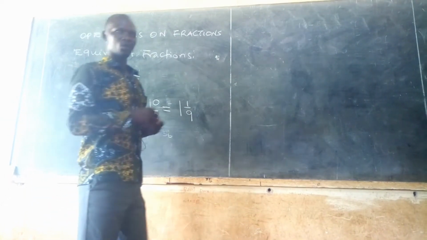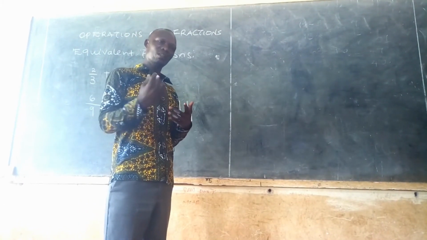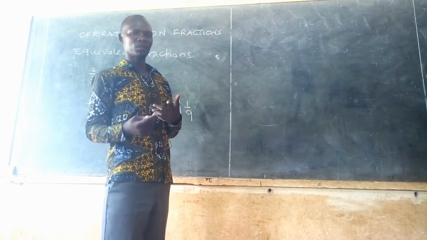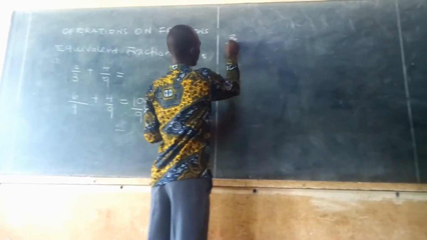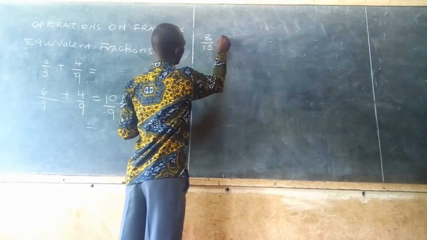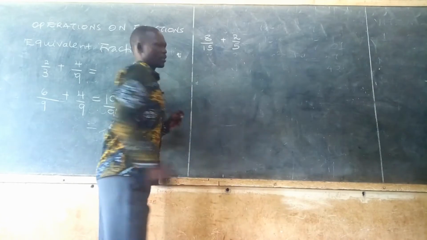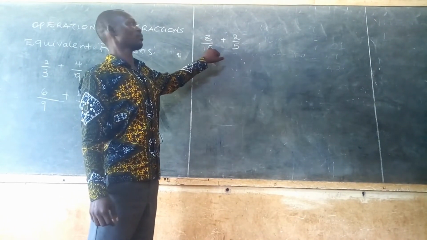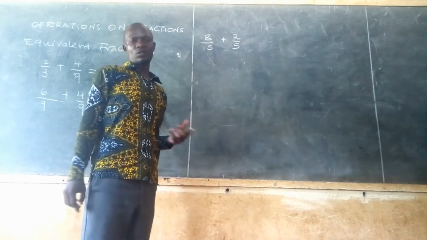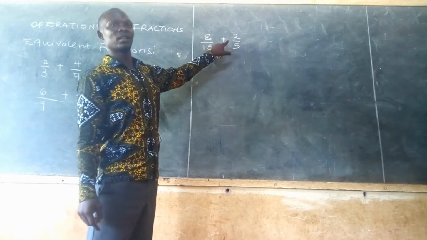Let me give you example 2. You use it anytime you discover that one denominator is actually a multiple of the other. Maybe you are given 8 over 15 plus 2 over 5. When I look at this, I discover that 15 is actually a multiple of 5. So the only thing I need to ask myself, what is 15 divided by 5?